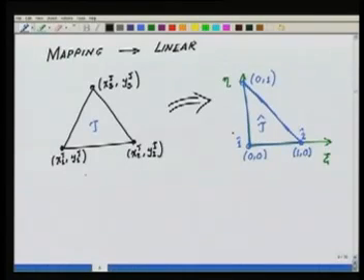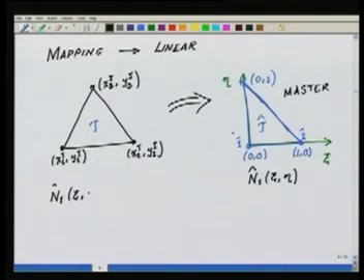So if I have the n1 tau, the n1 tau in the master element will become n1 hat. This n1 hat will be a function of psi and eta. Remember that this is my physical, and this is my master. So now what is this n1 as a function of psi and eta?